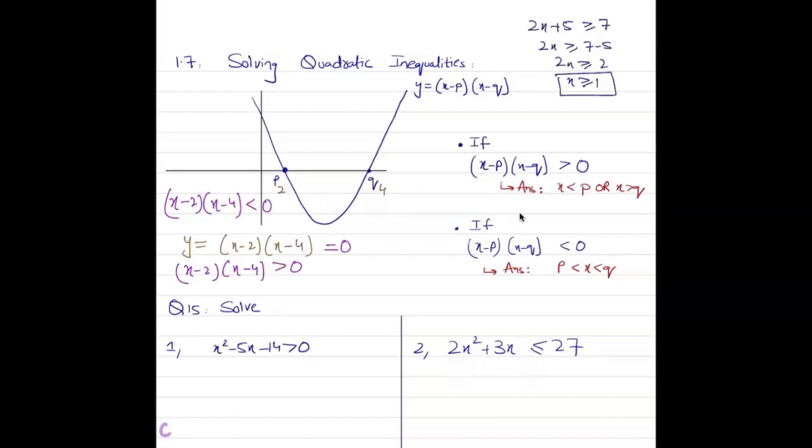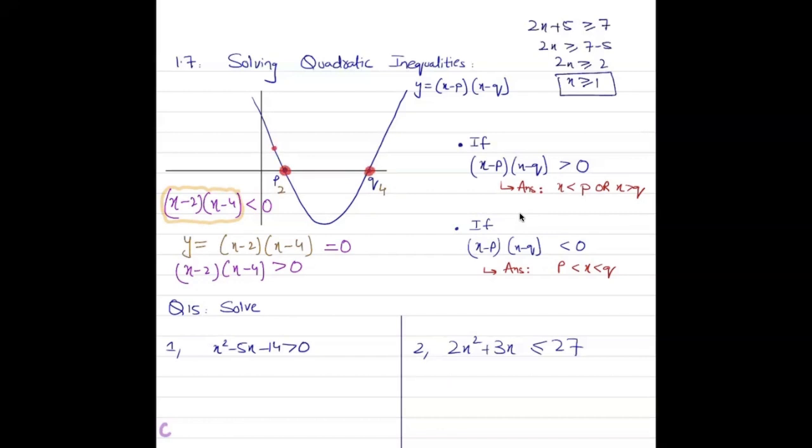Now we need to find the range of values of x for which this curve is going to be less than 0. So if you look, I know that the two x-intercepts are 2 and 4. At these points, the value of the function is 0. The value of the quadratic function is 0 at this point and at this point.